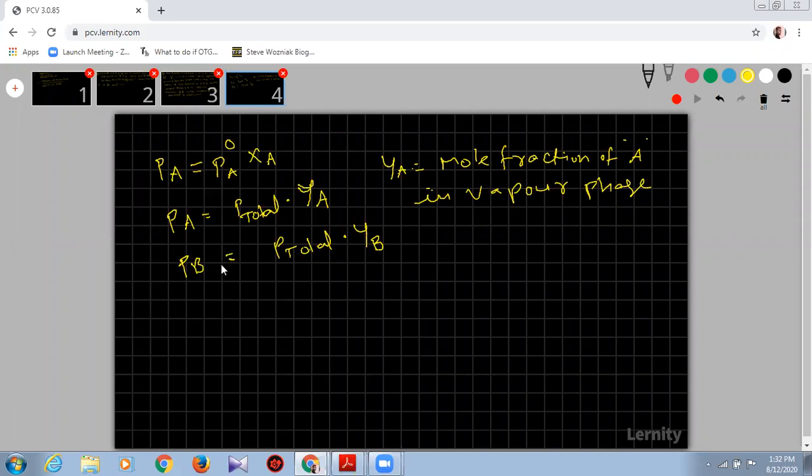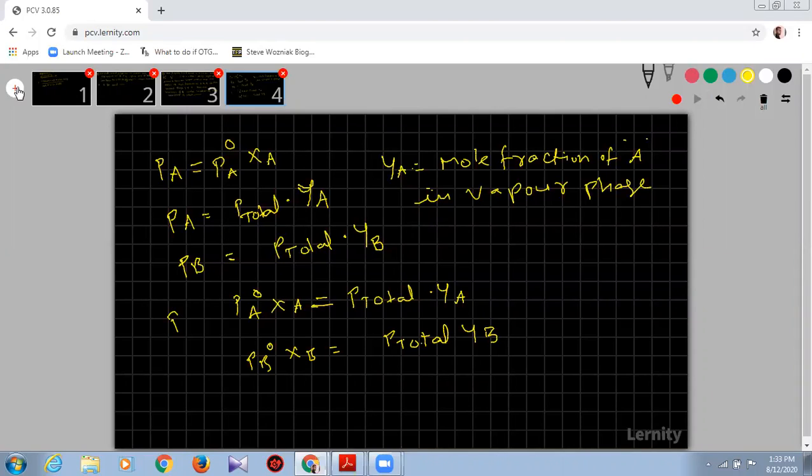PA naught XA I can write here. So PA naught XA is equal to P total into YA. Next, PB naught XB is equal to P total into YB. Can I write like this? So based on this, we can get here.